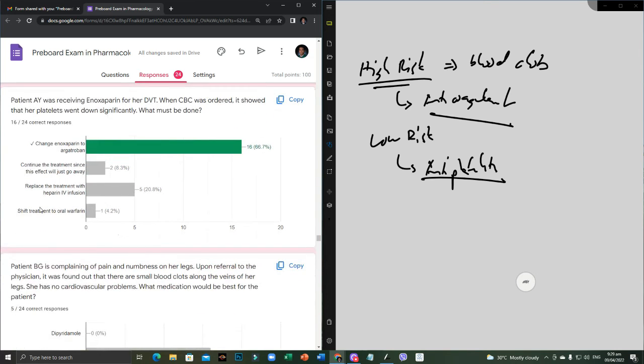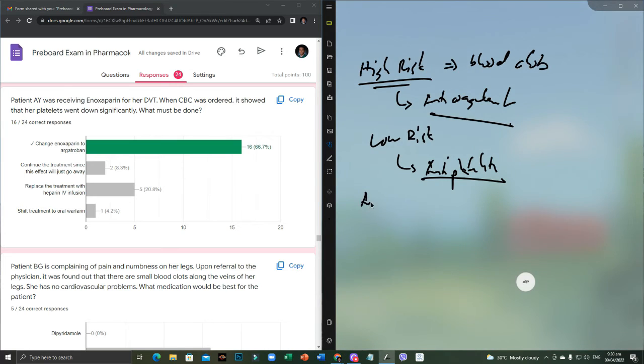Patient AY was receiving enoxaparin for her deep vein thrombosis. When CBC was ordered, it showed that her platelets went down significantly. What must be done? So very good. Change enoxaparin, which is a heparinoid, low molecular weight heparin, to argatroban, which is the drug of choice class if a patient is experiencing thrombocytopenia, which is a decrease in platelets, upon use of heparins, right?